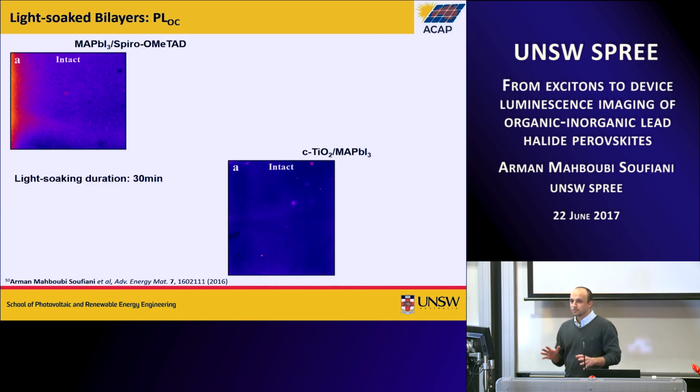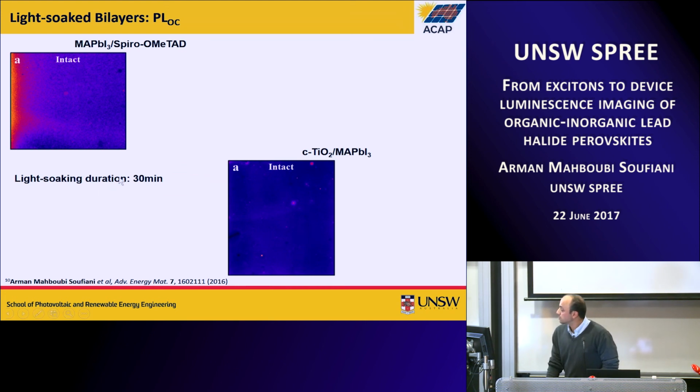To clarify this effect, I used bilayers: the perovskite and the spiro, and the titanium oxide and the perovskite. For the perovskite and the spiro, I illuminated from the perovskite layer side, and for this one from the titanium oxide side. These are the pristine layers, so no measurement has been done on these.